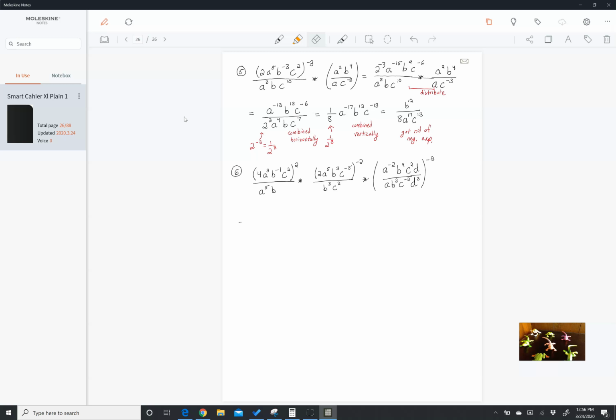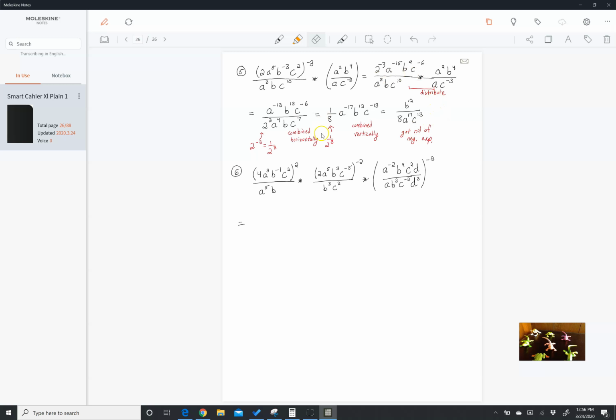Okay? Absolute hardest. But it's still only a 4-step process. We're going to distribute our exponents, then we're going to combine horizontally, combine vertically, and get rid of negative exponents.